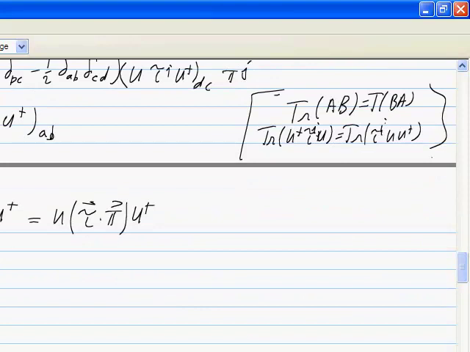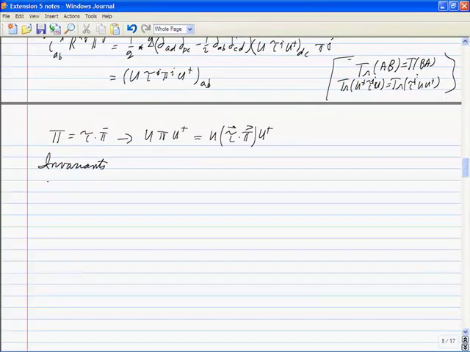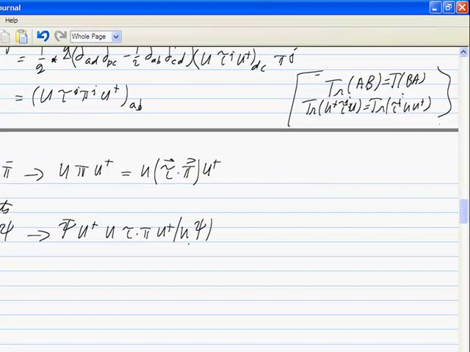Once I have this, we have the matrix notation for the invariants. If I have psi bar tau dot pi psi, the proof is then easy. The way you'd prove it is psi bar U dagger U tau dot pi U dagger U psi. Each of these is the transformation of their respective piece. That's then very obviously invariant.